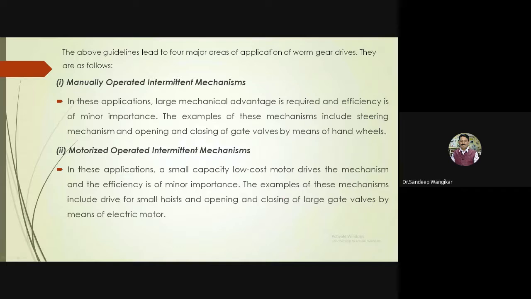You can also see it in the opening of different types of gates. So this is the second example. The opening mechanism for the gate is rotated by hand, and automatically the mechanism operates. So these are some of the very important examples of manually operated intermittent mechanisms for worm and worm wheel.